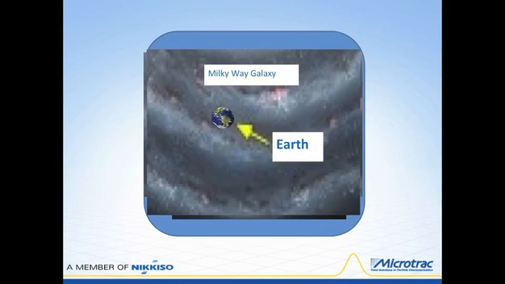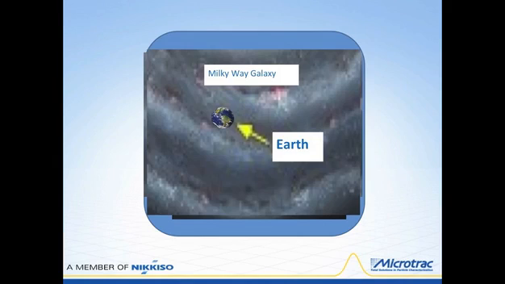What we have before us is the Milky Way galaxy, and there's our Earth as part of the Milky Way galaxy as we view it from interstellar space. But as we start to approach our Earth and get closer and closer to Earth, we start to realize that this object we call Earth appears to be a nice round spherical ball.